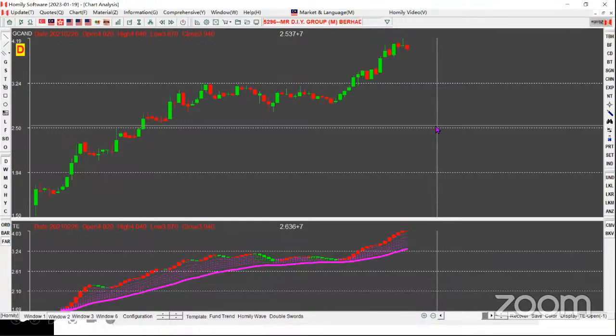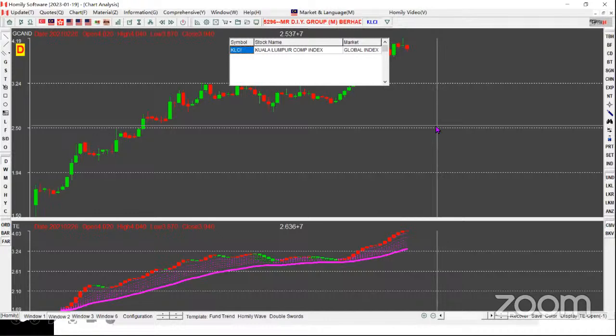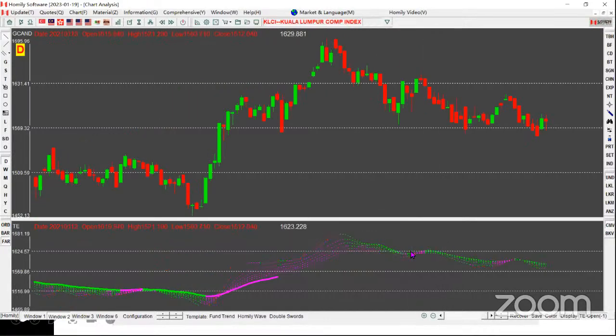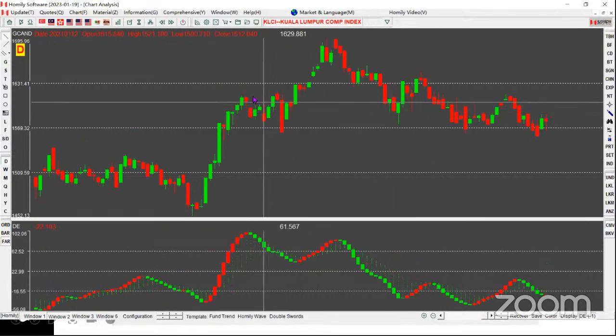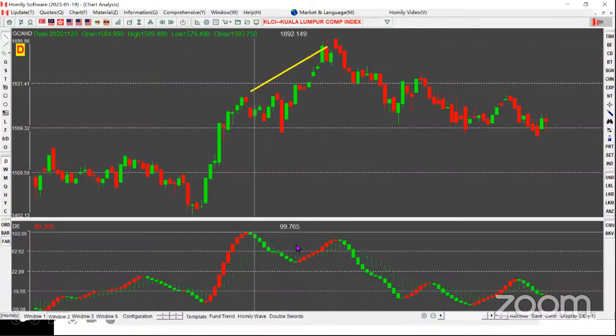We can check more charts. In some normal charts it will be like that. For example, KLCI. When the deviation appears, the price will tend to correct very fast.